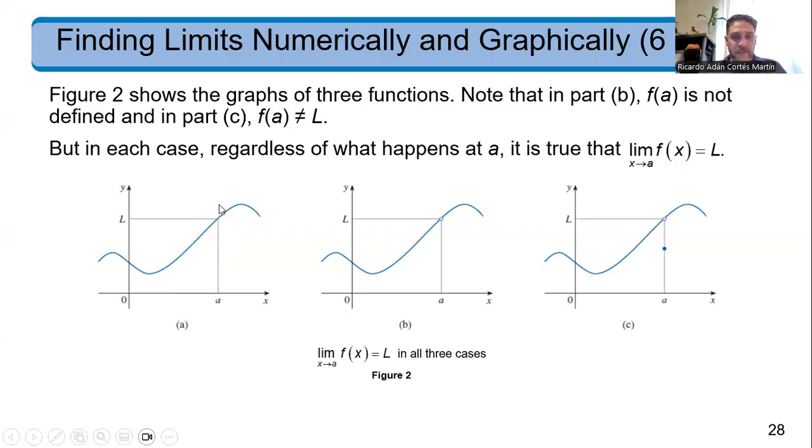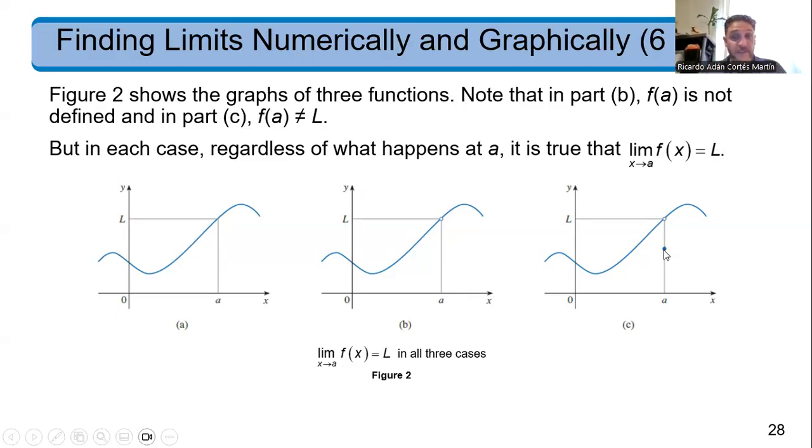Okay, in the first function, the point A is just a part of the curve, like any other point. In the function B, we have removed that point, so the function is not defined on A. In the third case, we also removed the point from the curve, but we added this point over here.